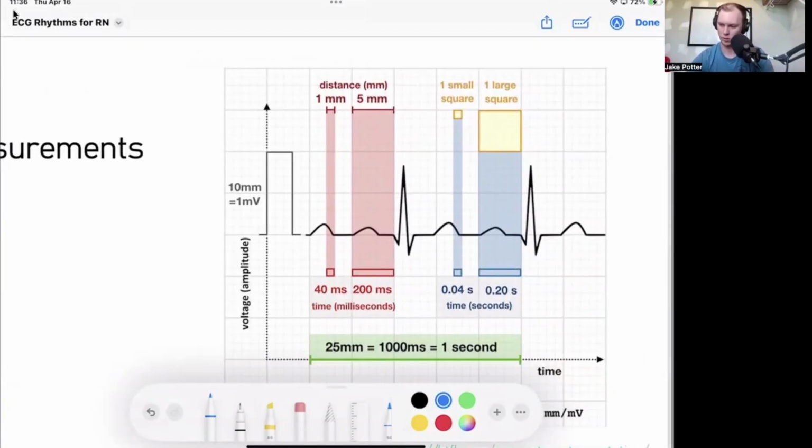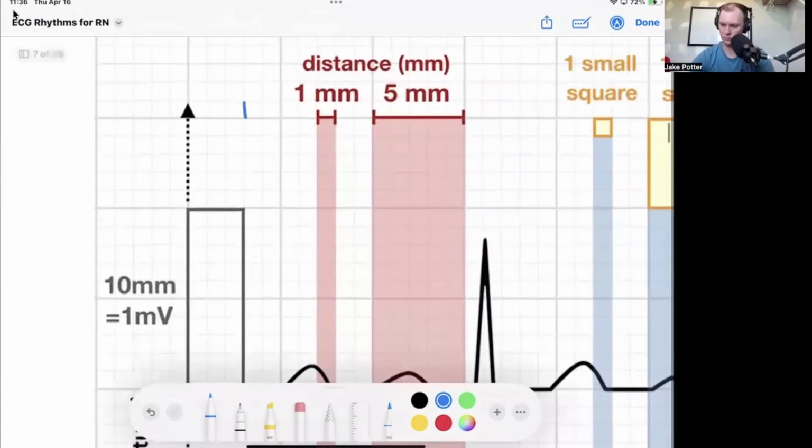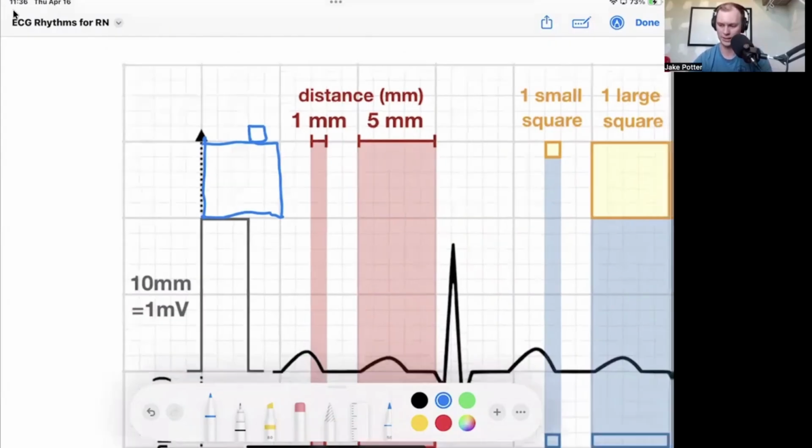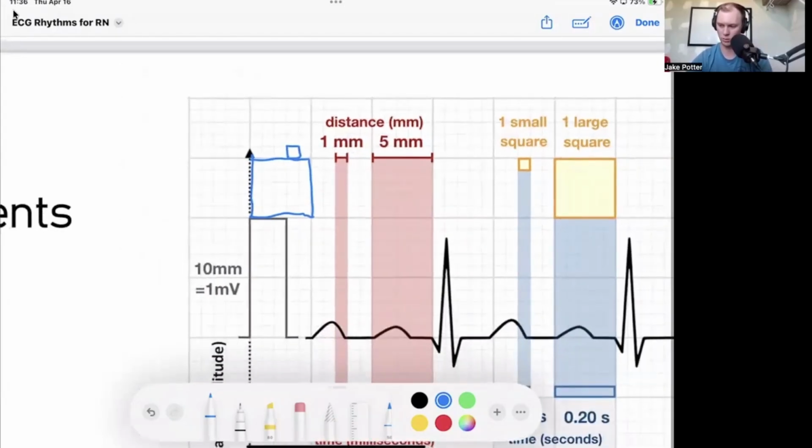When we look at the paper here, these are little boxes, and your big boxes are this entire thing with the more bold lines. The little boxes are 1 millimeter in duration, and the big boxes are 5 millimeters. When you're counting, you can easily distinguish this: one big box is at least 5 millimeters, two big boxes is 10 millimeters, but then you might have to break it down individually to 1 millimeter blocks.